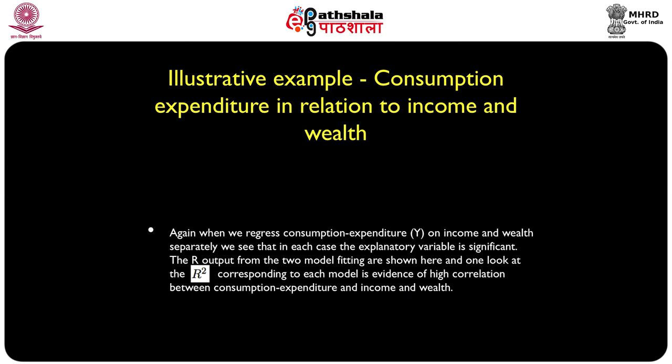Next, we regress consumption expenditure, which is our Y, on income and wealth separately. And we see that in each case, the explanatory variable is significant. The R output from the two model fittings is shown in the next slide, and one look at the R squares corresponding to each model is evidence of high correlation between consumption expenditure and income, and consumption expenditure and wealth separately.